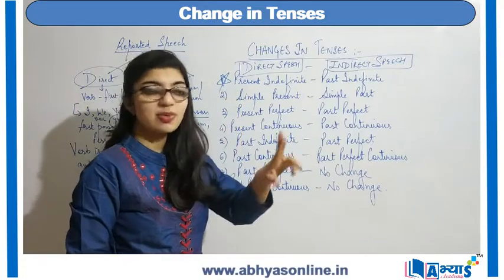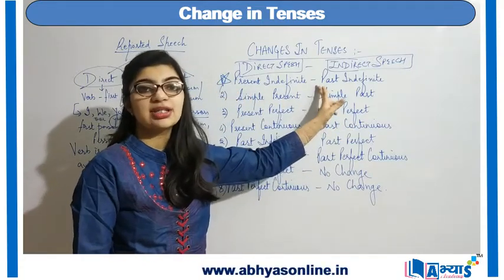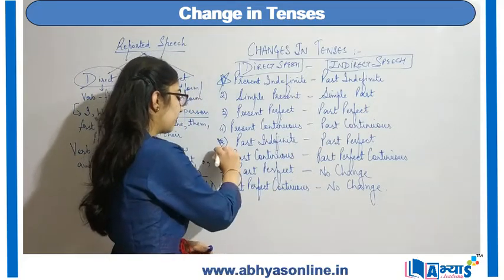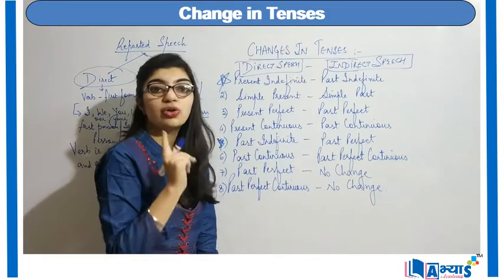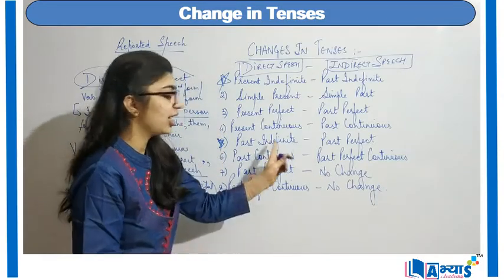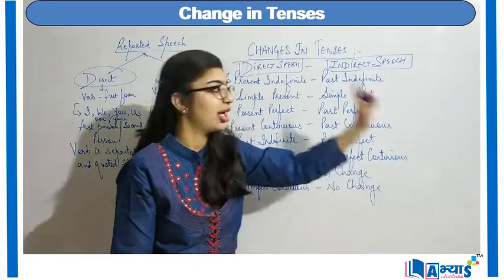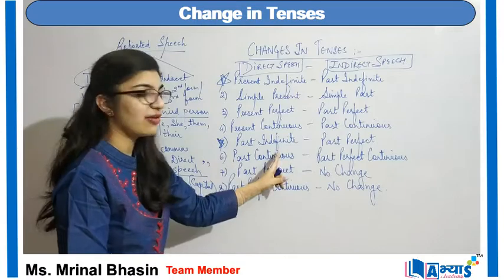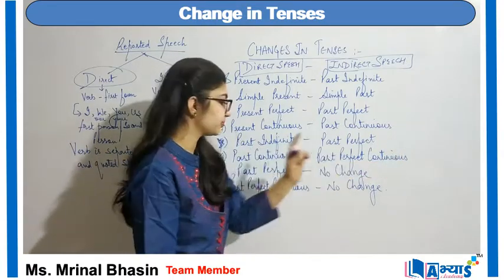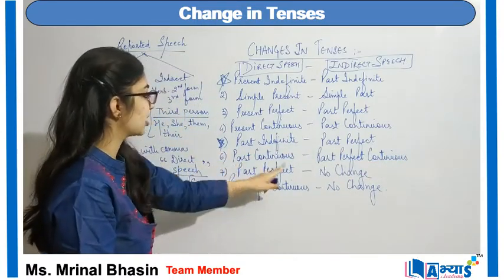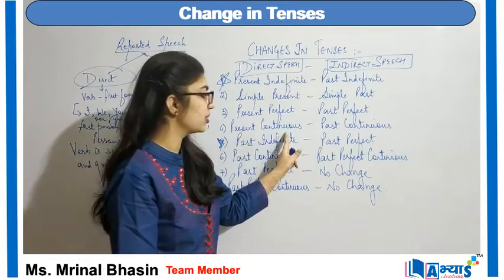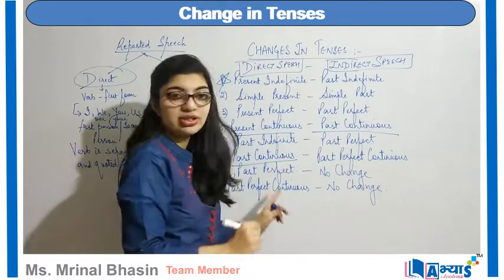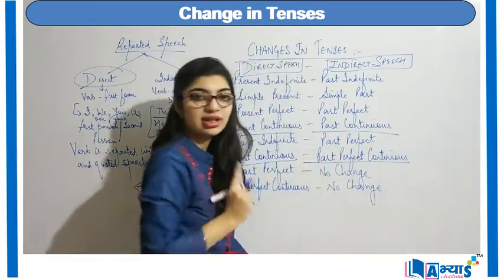Now remember that the sentence which is in present indefinite form changes to past indefinite form, but a sentence which is in past indefinite form does not remain in past indefinite, it changes to past perfect. Present indefinite changes to past indefinite and past indefinite changes to past perfect. Similarly, we know that present continuous changes to past continuous, but past continuous will change to past perfect continuous.